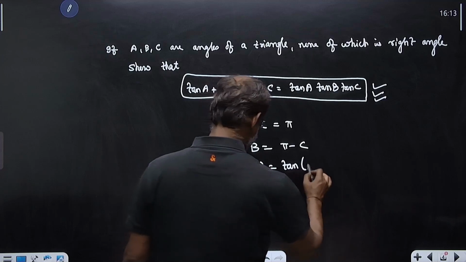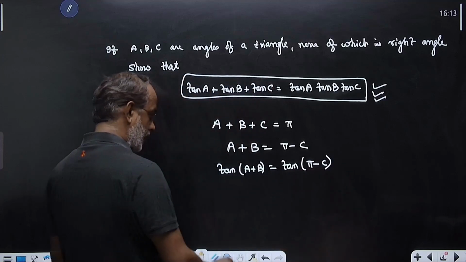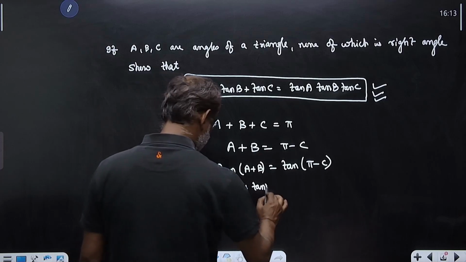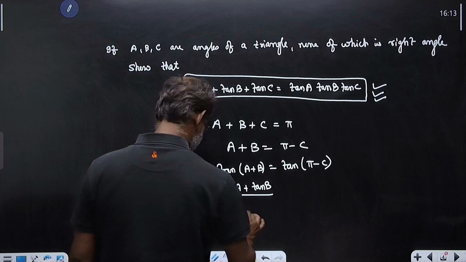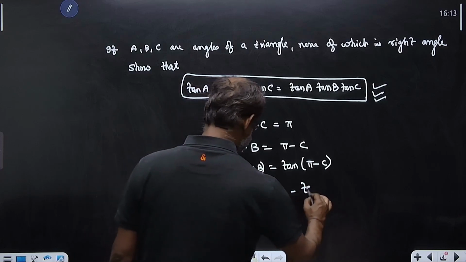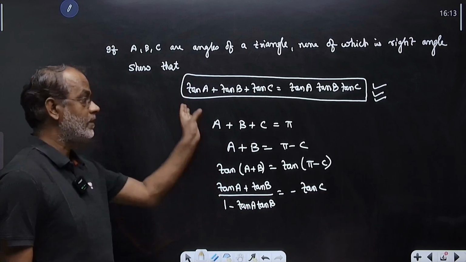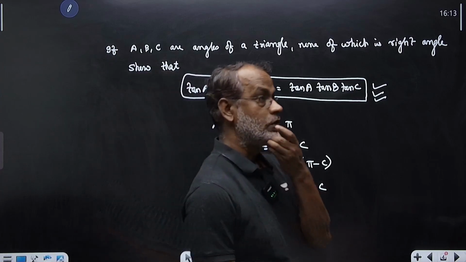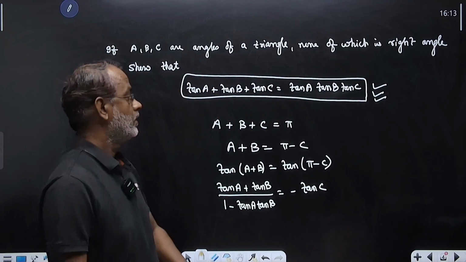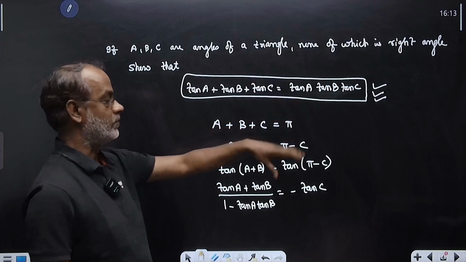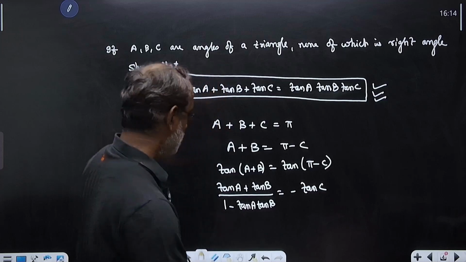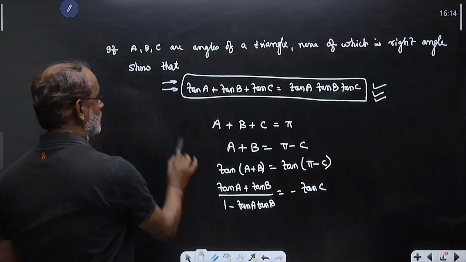Tan A plus B is tan A plus tan B upon 1 minus tan A tan B, and tan pi minus C is minus tan C. Simply cross multiply and get the result. So, in a triangle, the sum of the tangents of the angles is equal to the product of the tangents of the angles. Please keep this in mind.